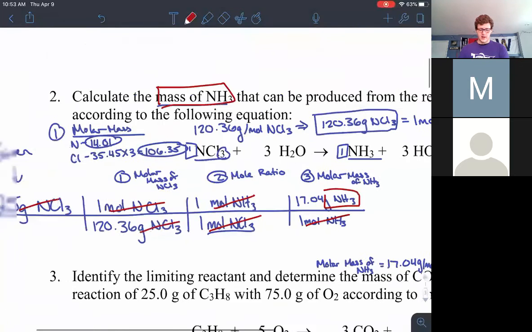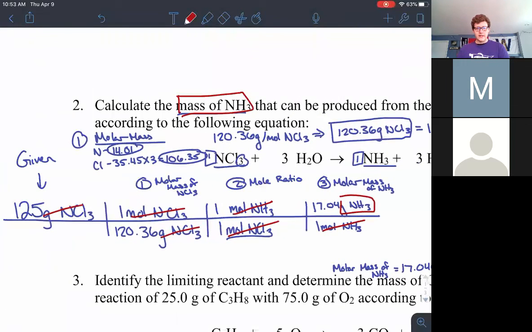Okay? So once we do that, we're going to multiply everything on top together and multiply everything on the bottom together.